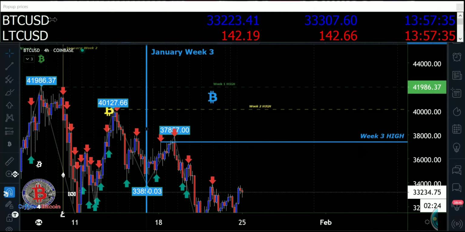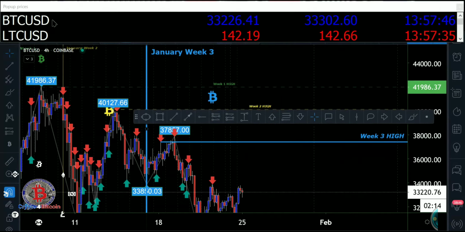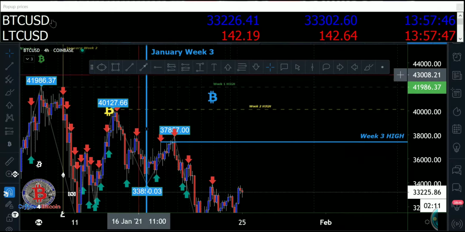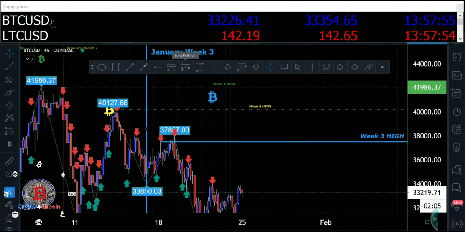If you're just watching, you'll get to see what some of these are. Oh, you can't see my little, here you go. Get to see what some of these objects are that you could use, arrows, Fibonacci.